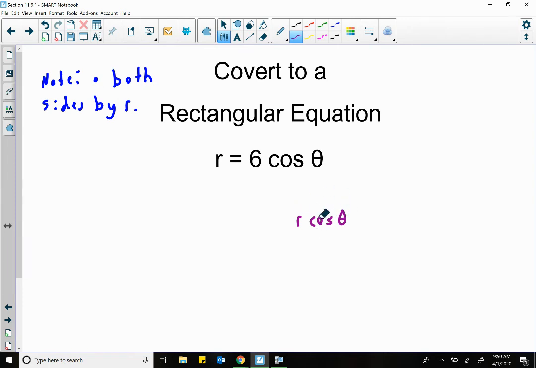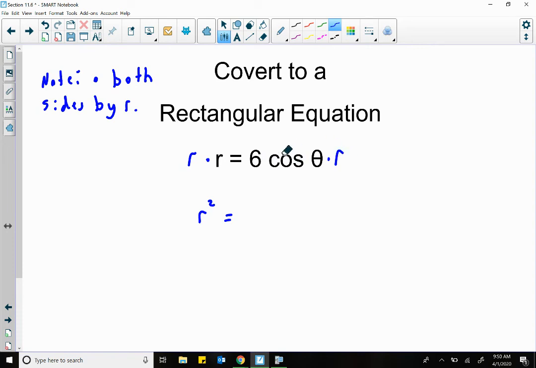Okay? If I just had an r in front of this. That's why I give you that note. Sometimes it helps to multiply both sides by r because I can force an r in front of this in multiplication. So if I multiply both sides by r, this gives us more to work with because what's r times r? R squared. And I have a formula for r squared.